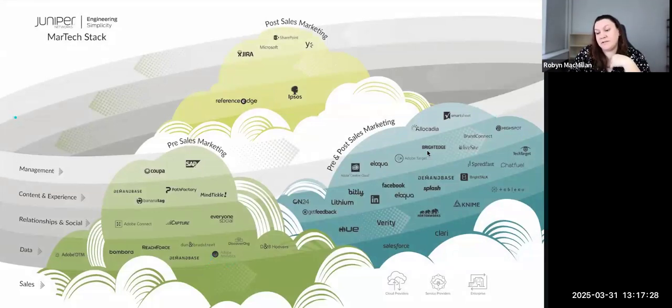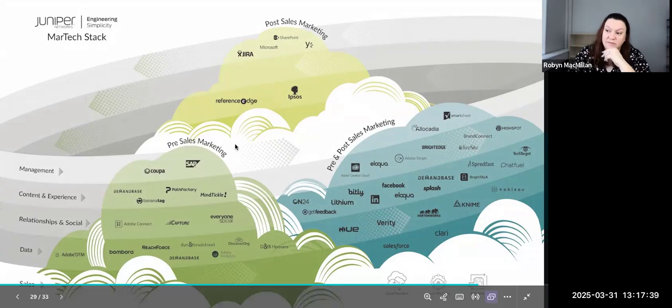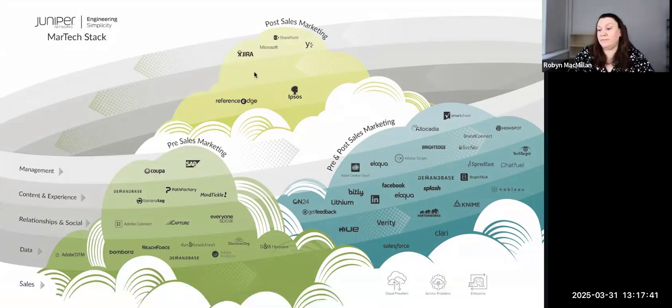So this is all the management side within pre-sales, post-sales, the content, relationships and social, data, and in the kind of different spaces. So this is like a cyclone, which I think is quite an interesting way to do it, because you just follow the ring and then it gives you all of those kind of platforms for that specific area.